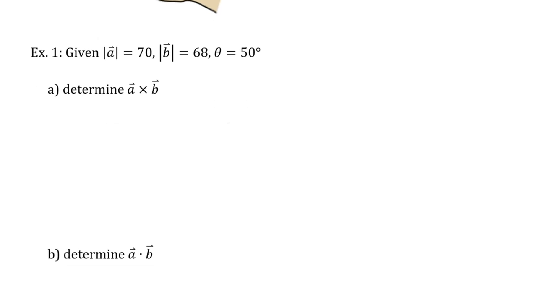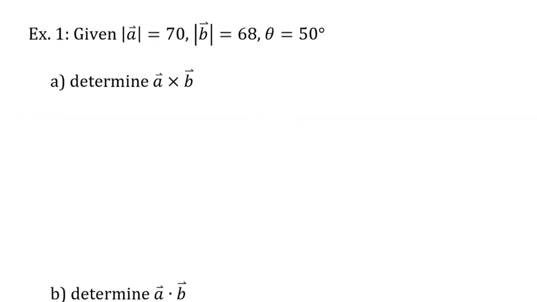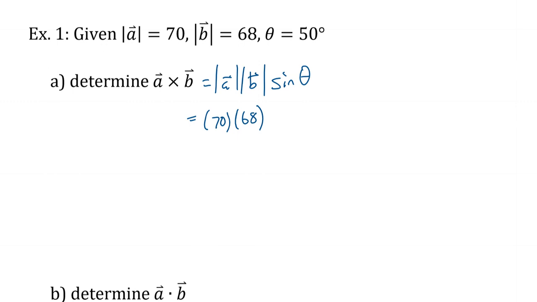Okay, so let's do some examples. Again, this is with values that are given because we don't have the Cartesian coordinates of these vectors. We don't have any other definition of them, so we're just given these. Okay, so A cross B is magnitude of A times magnitude of B times sine of the angle between them, which is 70 times 68 times sine of 50.